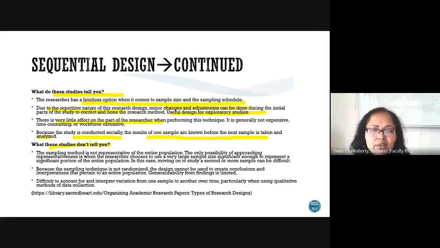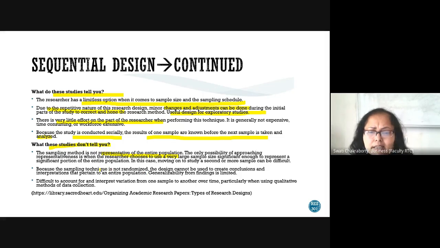So what these studies don't tell us is that it's not representative of the entire population. The only probability of approaching representativeness happens when the researcher chooses to use a very large sample size, significant enough to represent a significant portion of the entire population, right? In this case, moving from one sample to the second sample may be difficult, right?